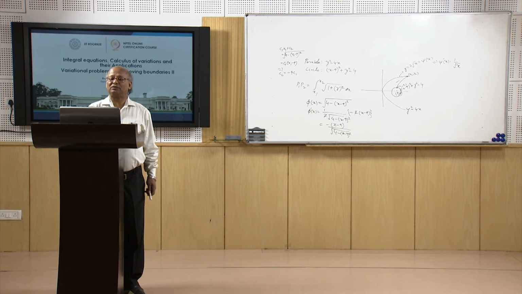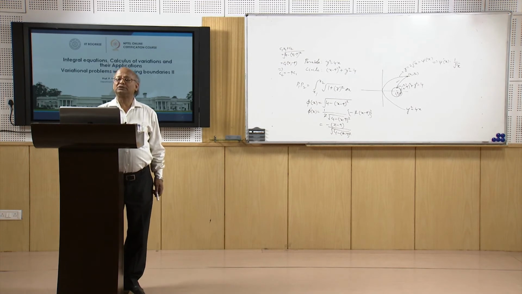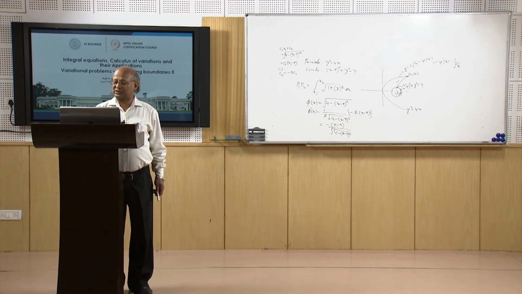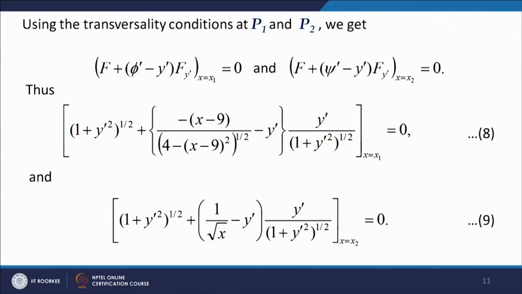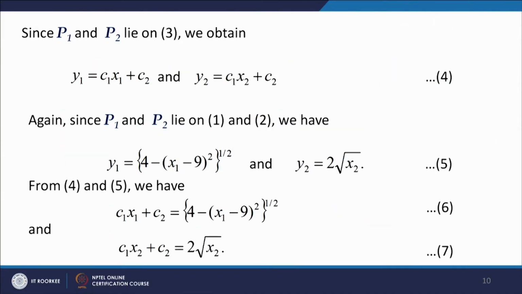We have got the value of c1 as minus √x2 and c2 as 9√x2. Let us put them in equation 7, which is c1x2 + c2 equal to 2√x2.